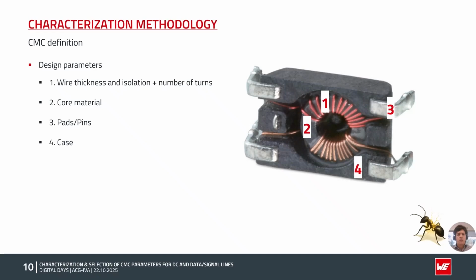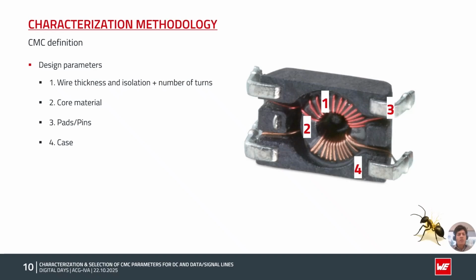So let's talk now about the characterization of the common mode chokes. For the common mode choke design, we focus on a few key parameters. As you can see here, the wire thickness and isolation, also the number of turns. We also have the core material, then the pads or pins for the PCB soldering, and the case.